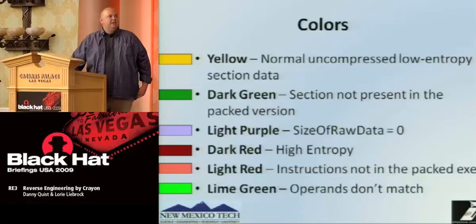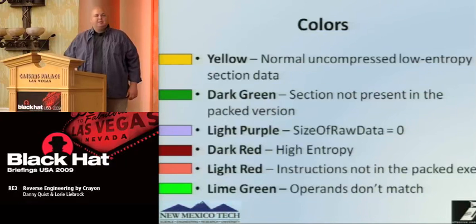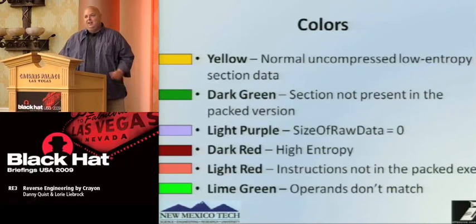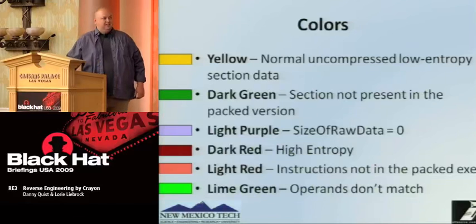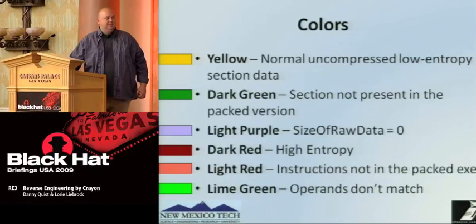So yellow is anything that's normal, uncompressed, low entropy code. This will be anything inside of the section data. To generate the entropy, I took the algorithm out of Ero Carrera's pefile and used that to find this. So yellow will be normal stuff.